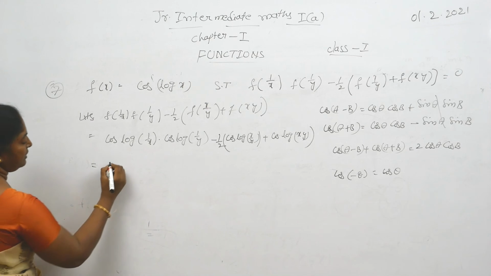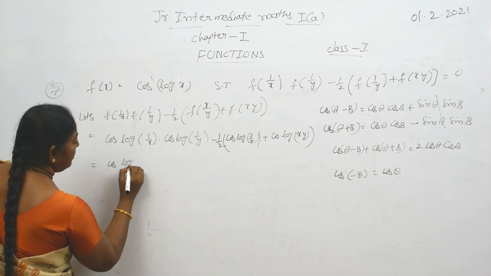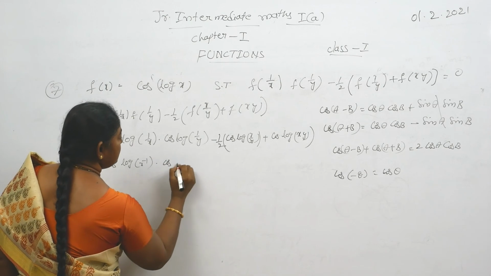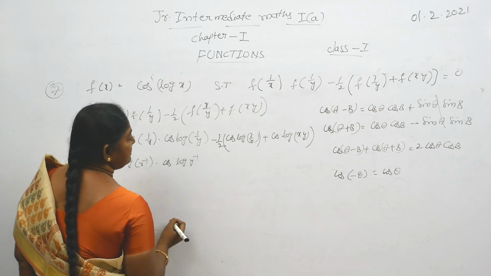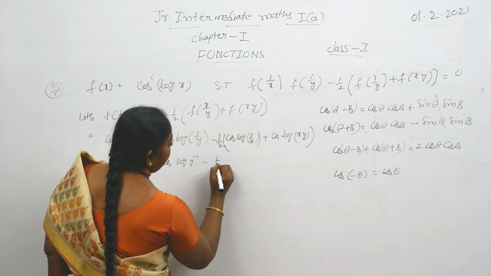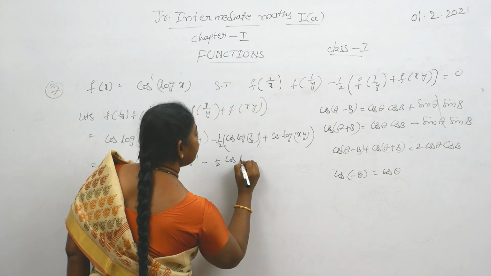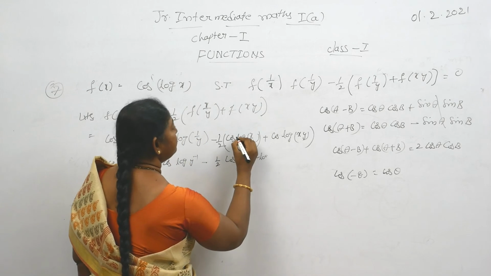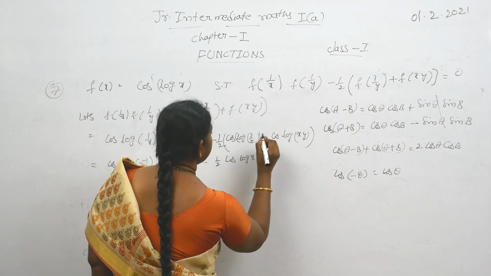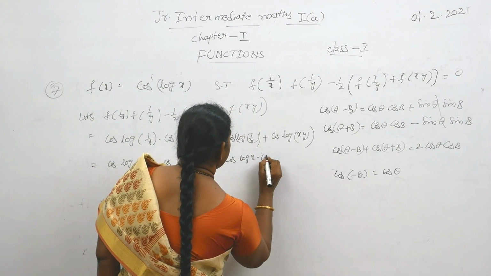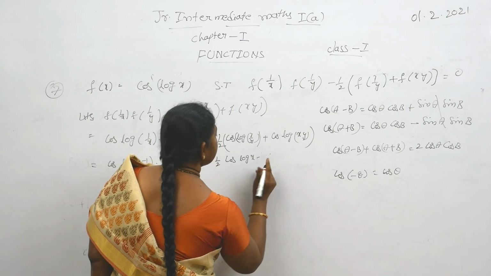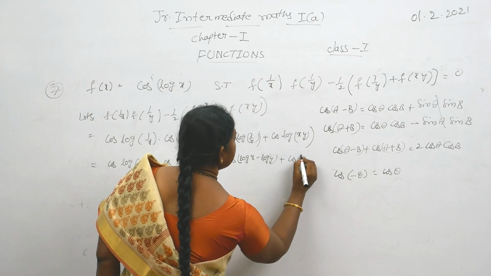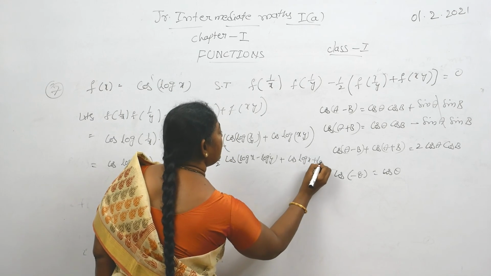So here cos(log x to the power -1) and cos(log y to the power -1), minus 1/2 into [cos(log x - log y) + cos(log x + log y)].